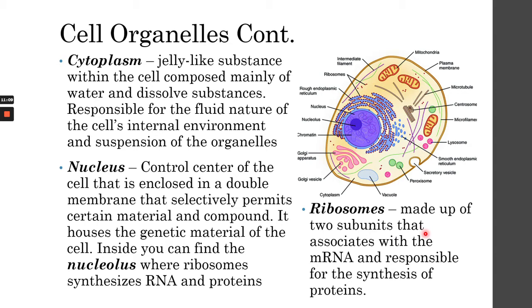So ribosomes are made up of two subunits and associated with the mRNA and responsible for the synthesis of proteins. So when you think of proteins, you'll probably imagine a meat that you eat, no? Parang yung karne na kinakain natin, for example, like a steak.